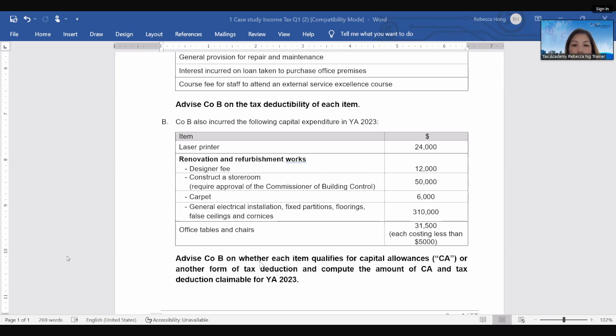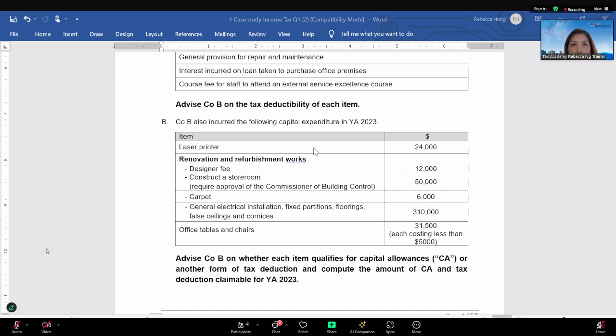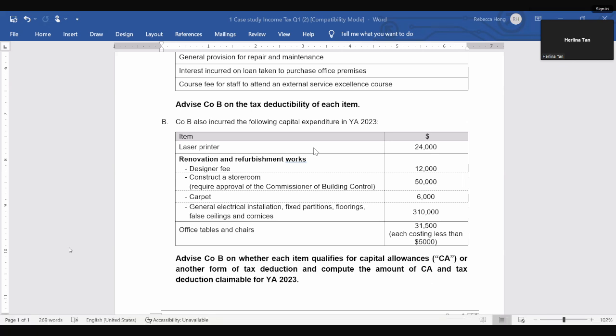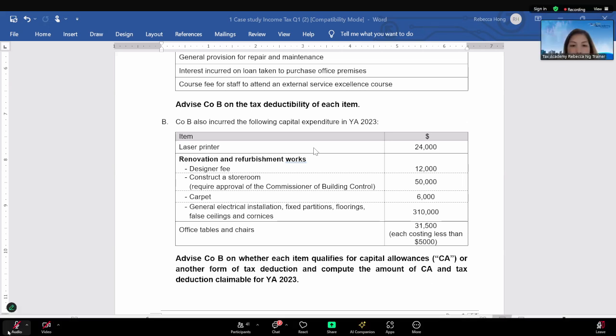Advise whether company B, for each of the items, qualifies for capital allowance or another form of deduction, and compute the CA and tax deduction claimable for YA 2023. We narrow down to two: capital allowance or section 14N deduction.